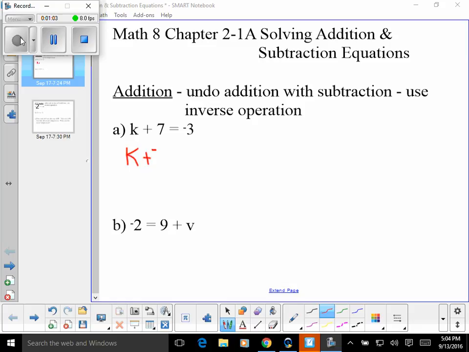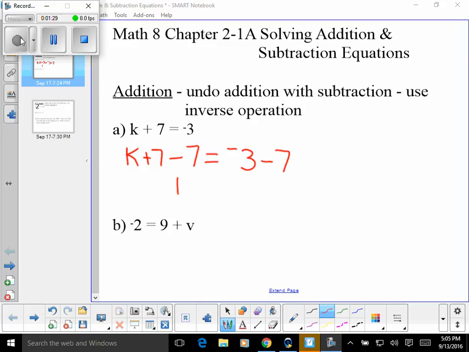We first write down the equation as it's given to us, k plus 7, then we're going to subtract 7 equals negative 3 minus 7. Remember, if you subtract 7 from one side of the equation, you must subtract that 7 from the other side as well. 7 minus 7 is 0.